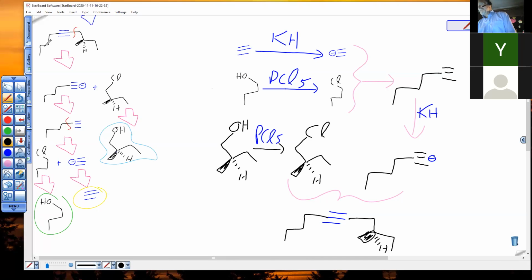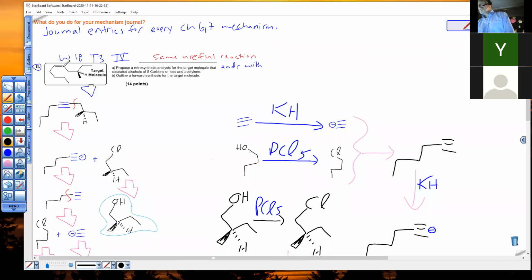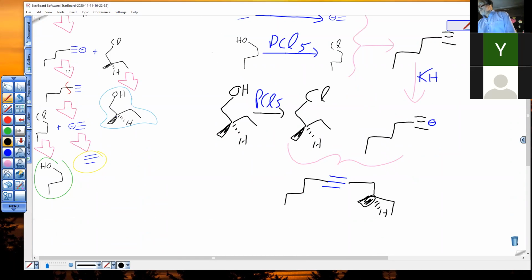That is this piece here, which now needs to become a cis alkene. You've got options. Please choose one. I will use BH3 and HOAc, and that will take you to your target.